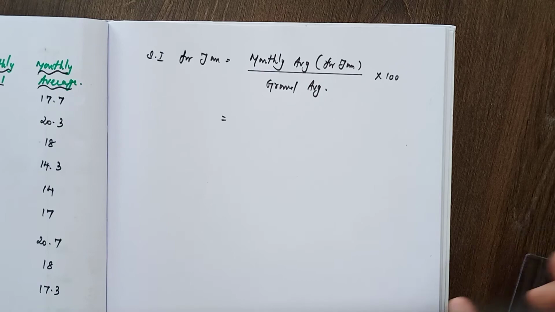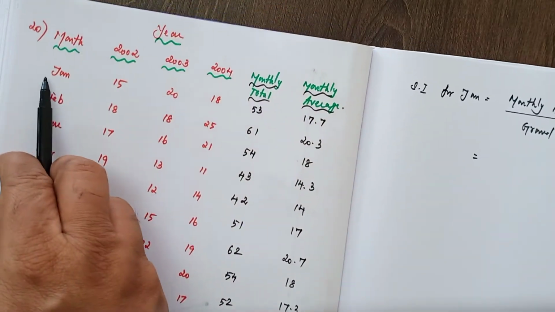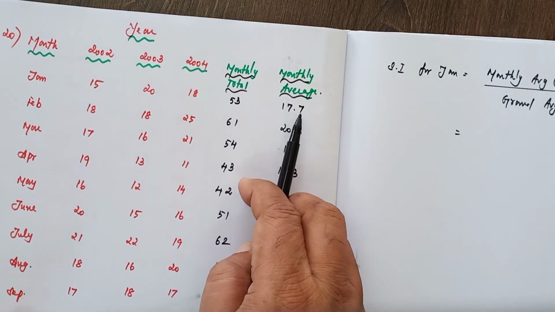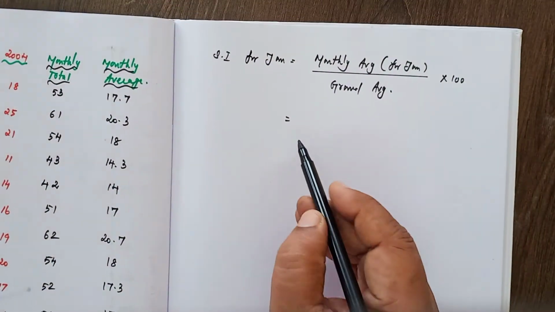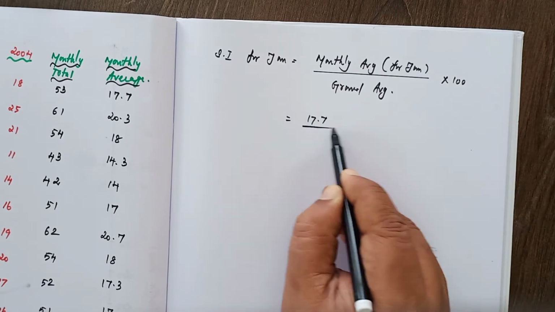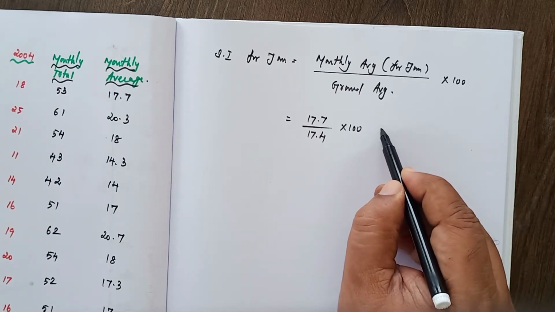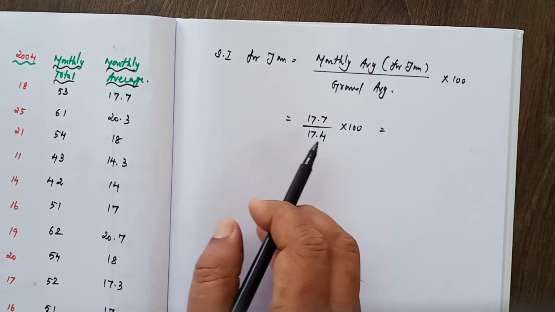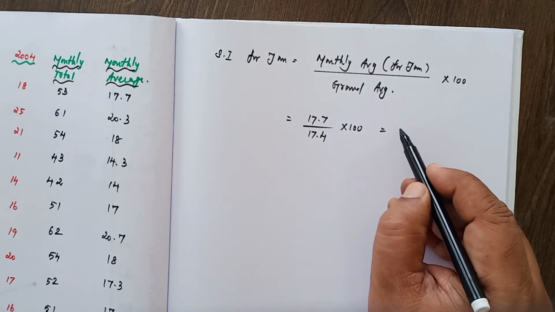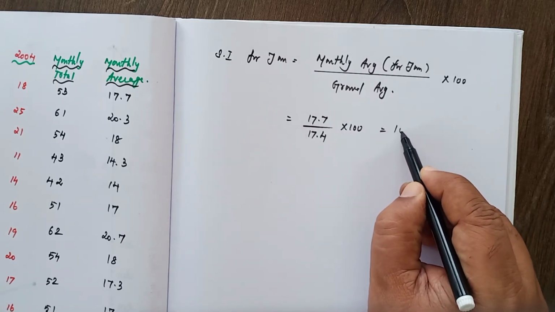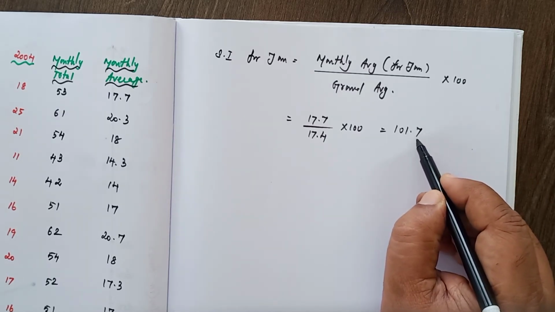The monthly average for January is 17.7 and the grand average is 17.4. So 17.7 divided by 17.4 into 100 is 101.724, approximately 101.7. After the decimal point, one digit is enough. That is the book answer.